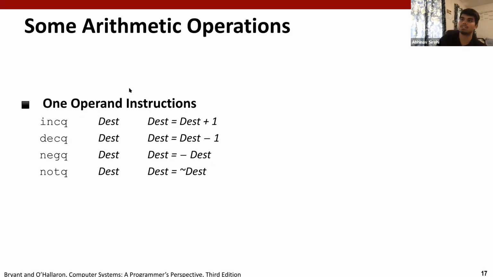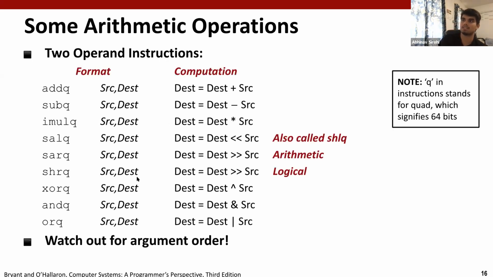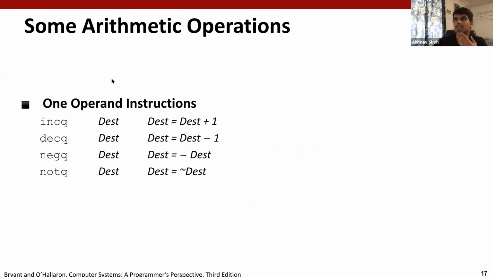These only take one operand. Until now, we've seen instructions that take two operands, but these take only one and perform a single operation on it. This last one does the not of whatever you pass in.